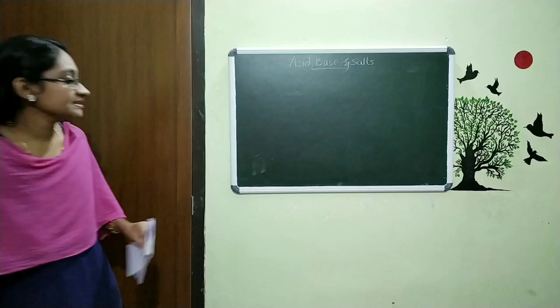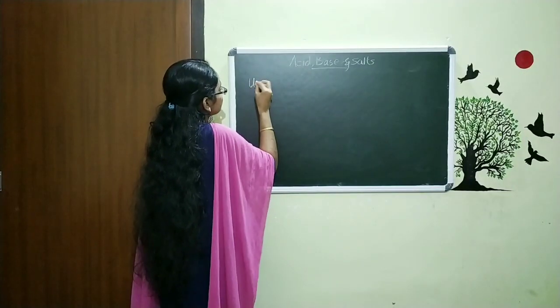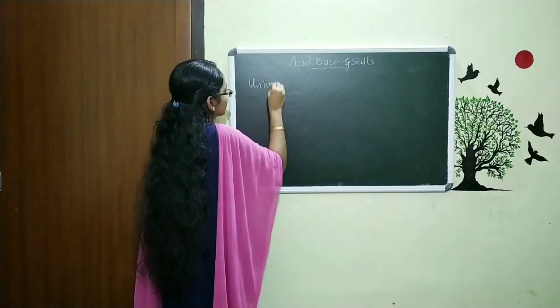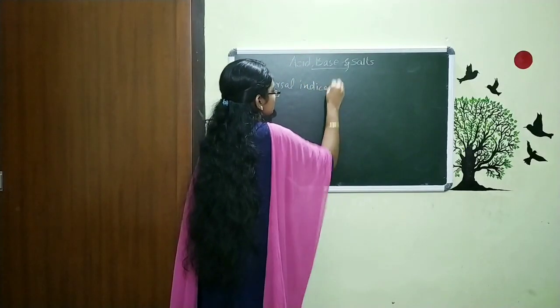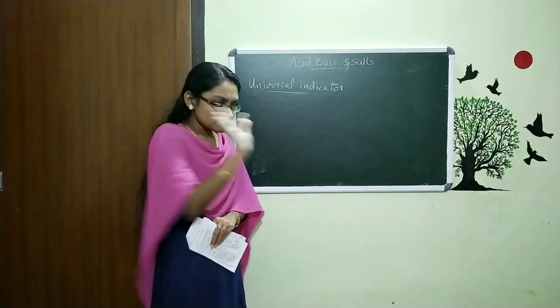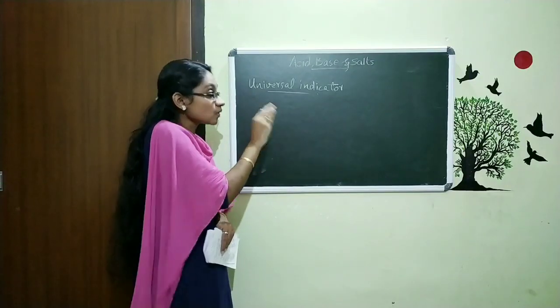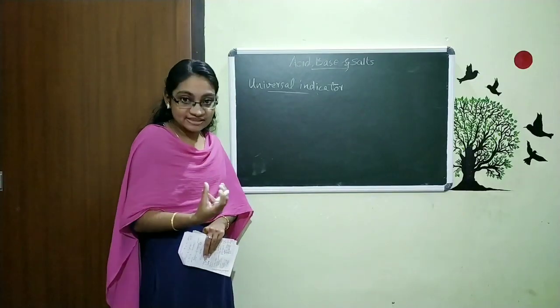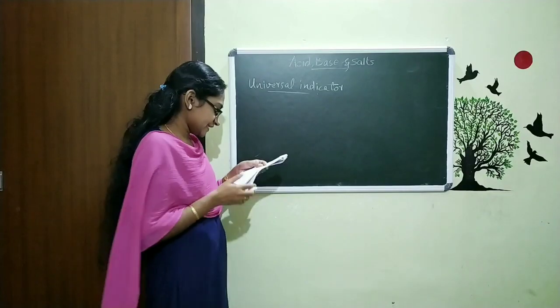As said in the introduction, this universal indicator helps us to identify if it is base or acid, that's okay. But here we can also identify its concentration or power.